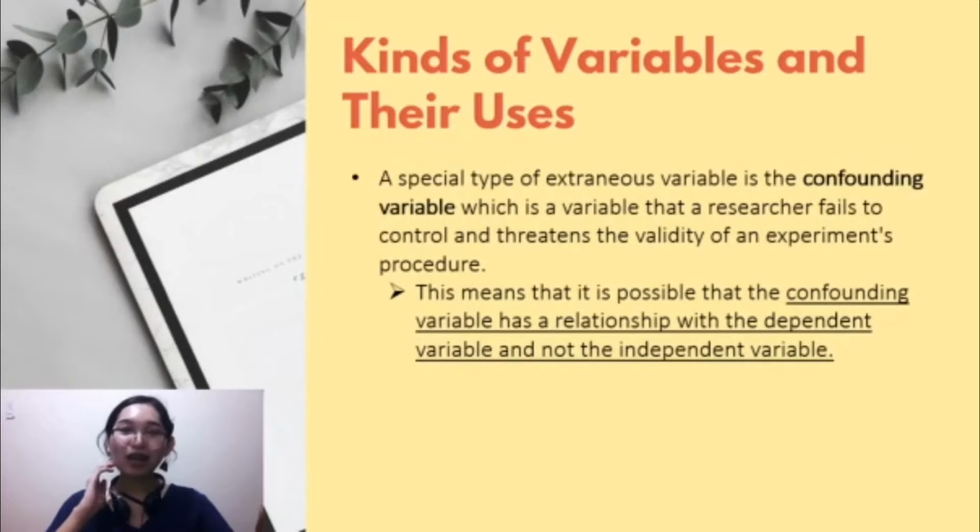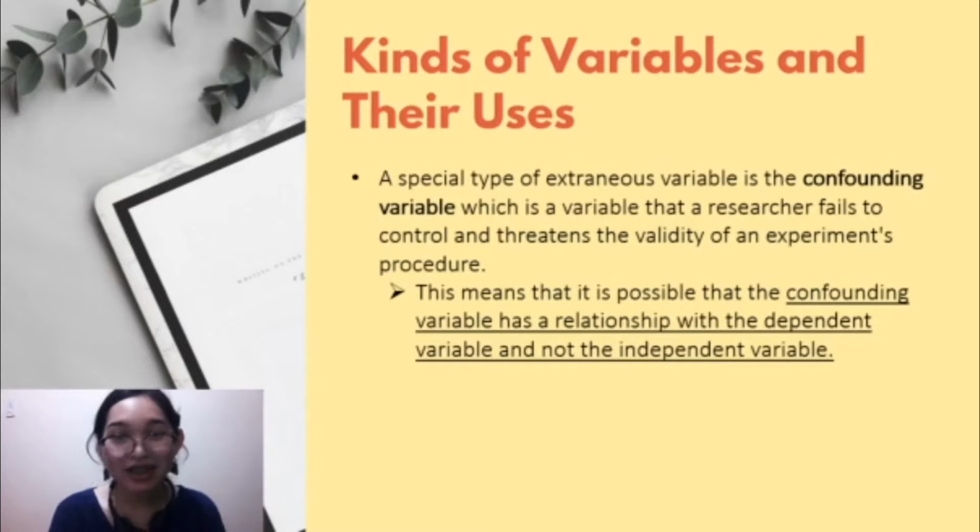Yung extraneous variable, merong other term for that one, confounding variable, which is a variable that a researcher fails to control and threatens the validity of an experiment's procedure. This means that it is possible that the confounding variable has a relationship with the dependent variable and not the independent variable.